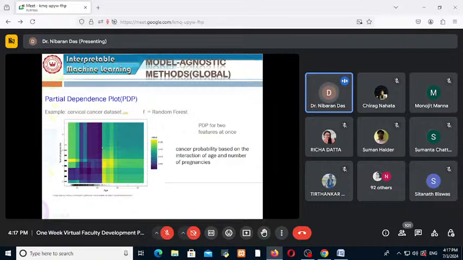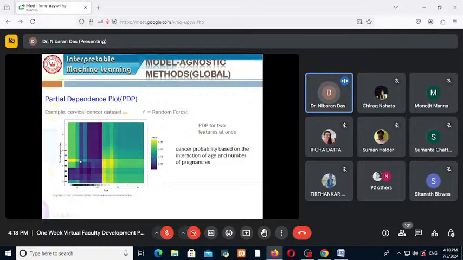If you notice these regions, at 0.125 these values are not there. For age and number of pregnancies, for certain combinations you will get some values.